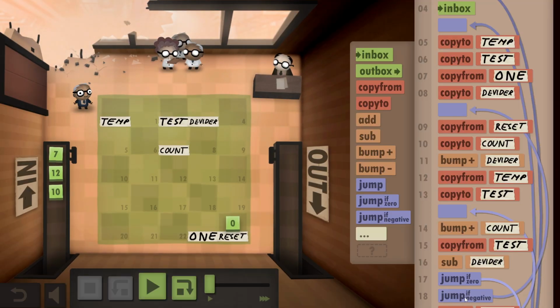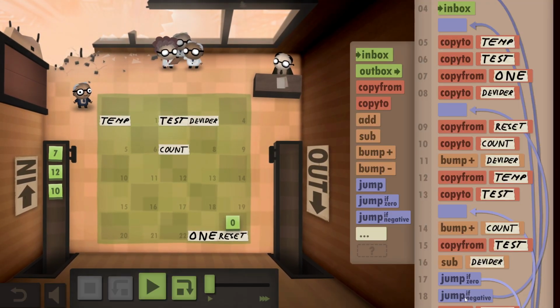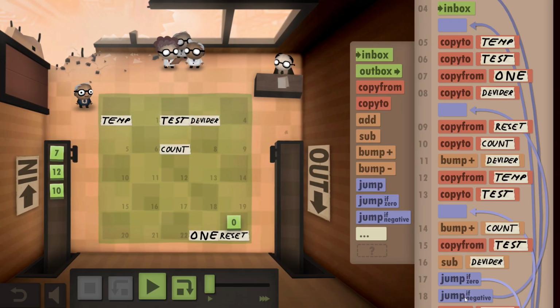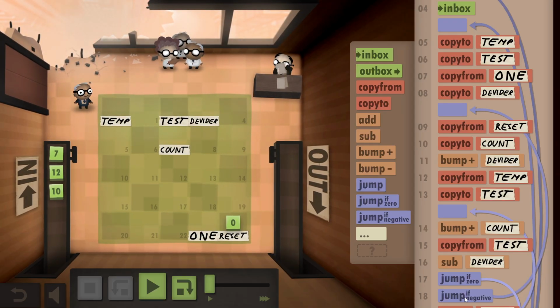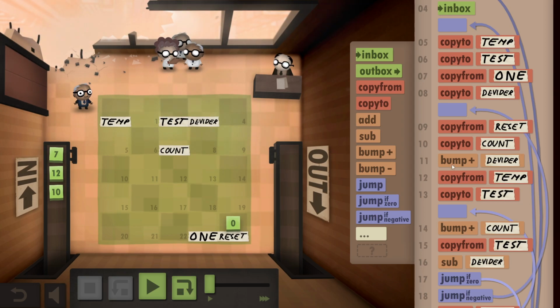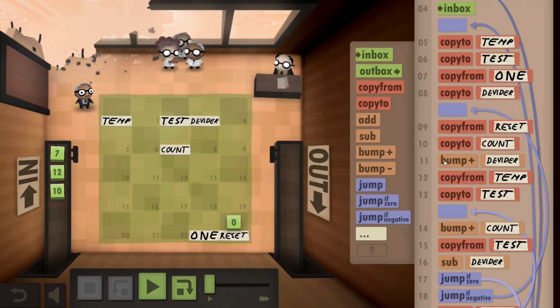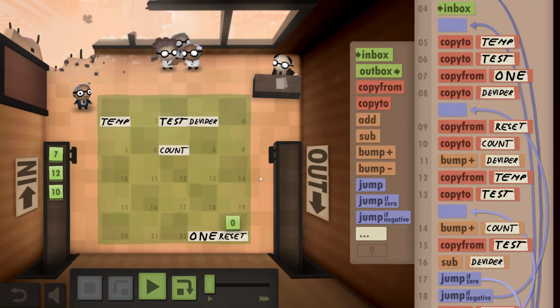Call it this if it's negative. Copy from Lisa. Yeah, we'll have to move the bump though. That could be potential. And then we would lose the last check.